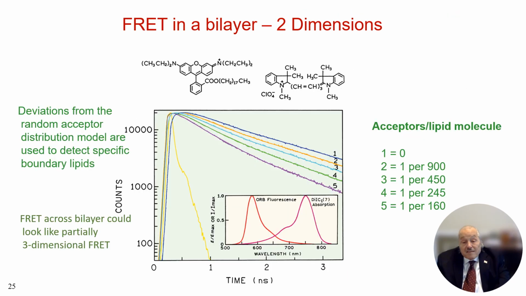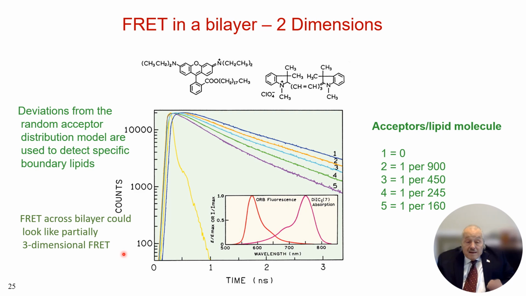But let's see, I have some data here first for a membrane bilayer, and they used a donor and an acceptor, so that's a rhodamine and a cyanine dye. And notice they use the concentrations of acceptors per lipid molecule. And as that goes up, the decay gets faster.